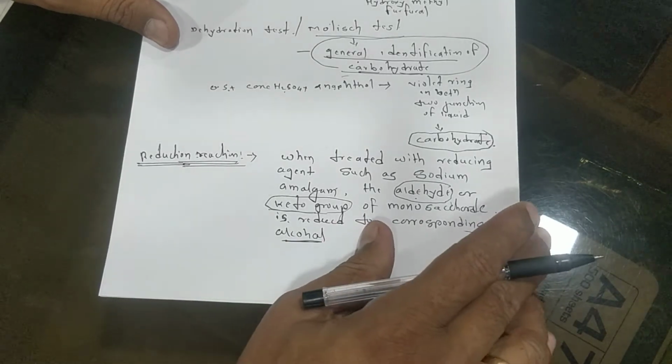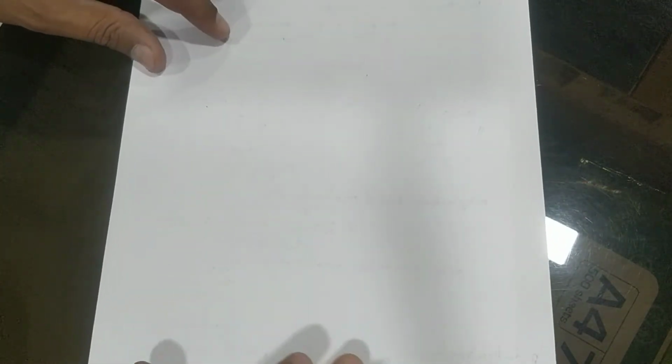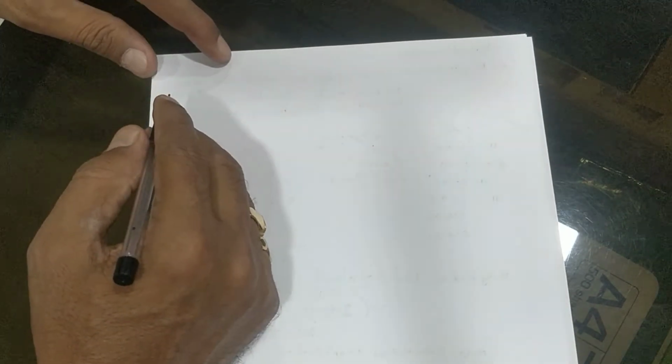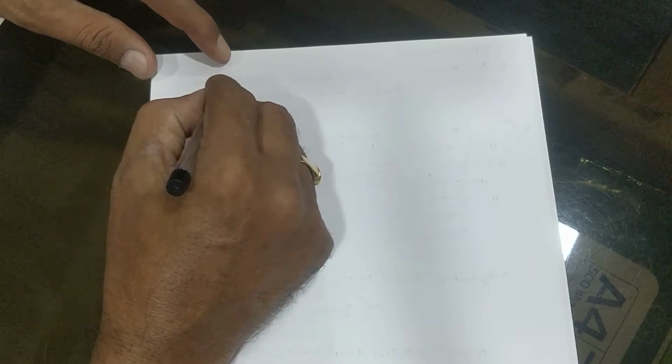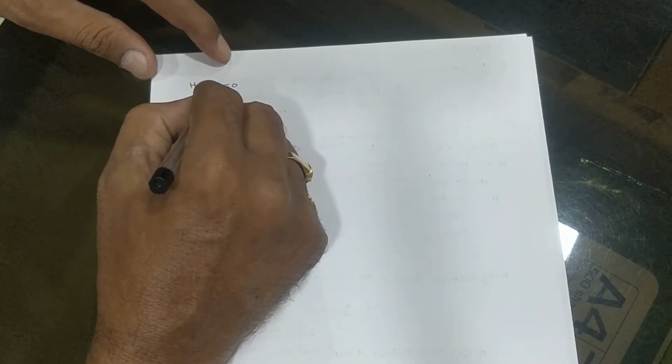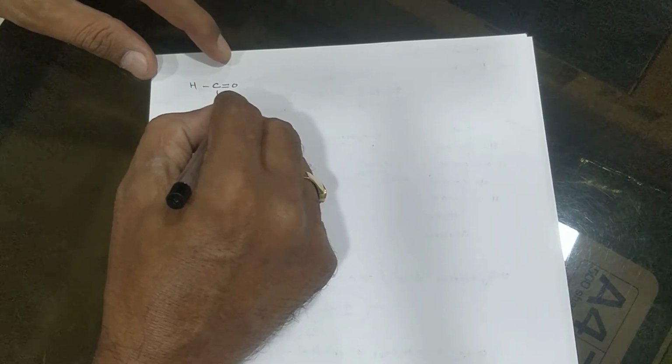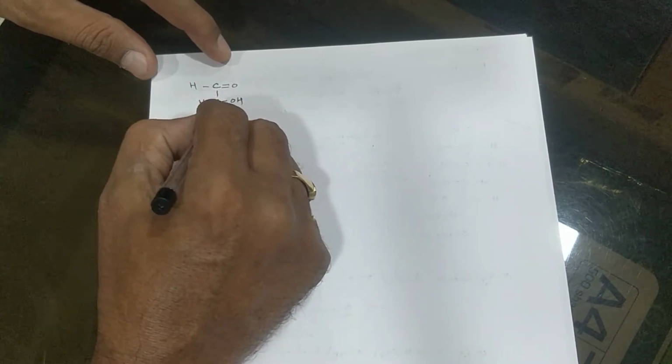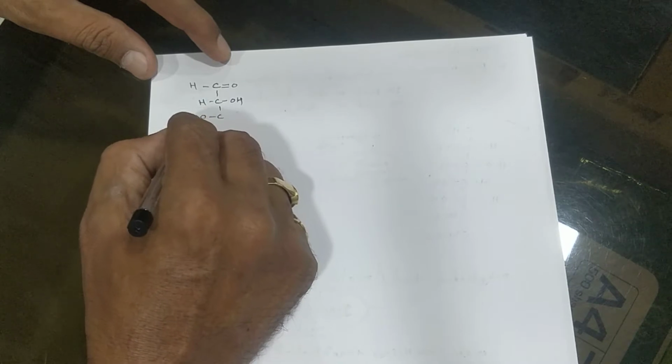Now can you understand? Okay, just see the one reaction I can draw. See it properly then. C double bond H, COH.